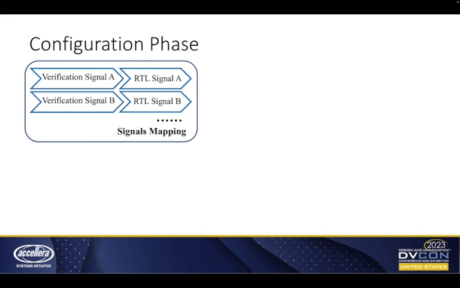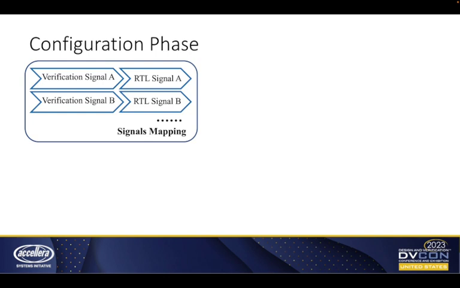In this signal mapping stage, we'll create verification signals and decide how they connect with the real RTL signals. In most cases, this stage is done automatically. It will create a flat name for the verification signal from the RTL signal name, and then connect this verification signal directly to the RTL signal through the interface.